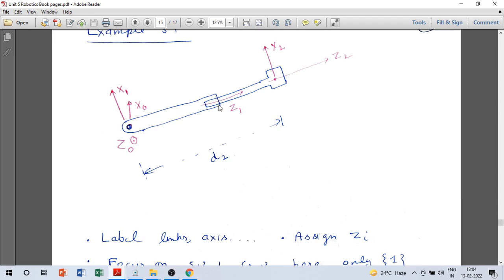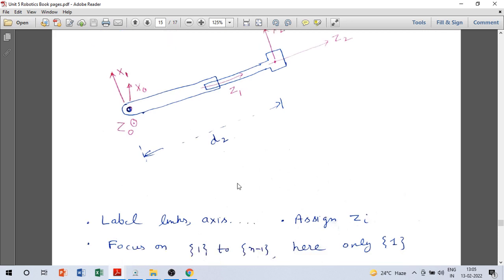And there was a prismatic pair here, so corresponding to that you have axis Z1 that goes in this direction, because that is the joint axis. So we labeled the links 0, 1, 2, we label the axes 0, 1, and we assign Z0 and Z1 along these joint axes. That is the first thing.